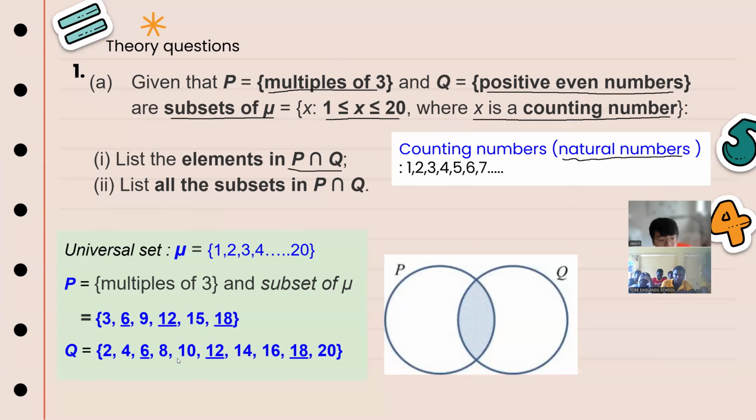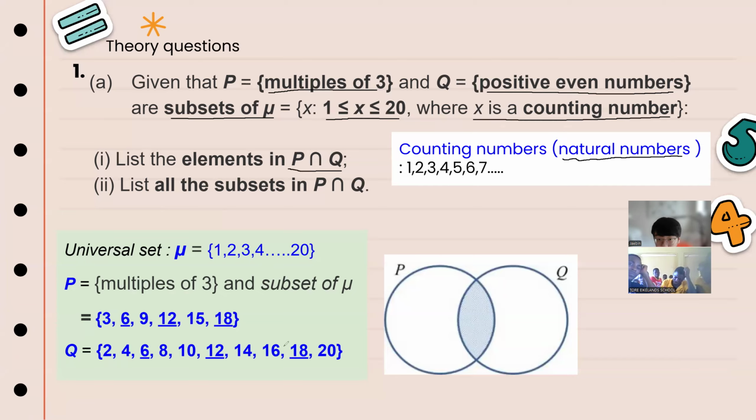Yeah, so I can explain this one too. Set P is the multiples of 3 that are within 1 to 20. So multiples of 3 include 3, 6, 9, 12, 15, and 18. Those are multiples of 3. And set Q is the positive even numbers.